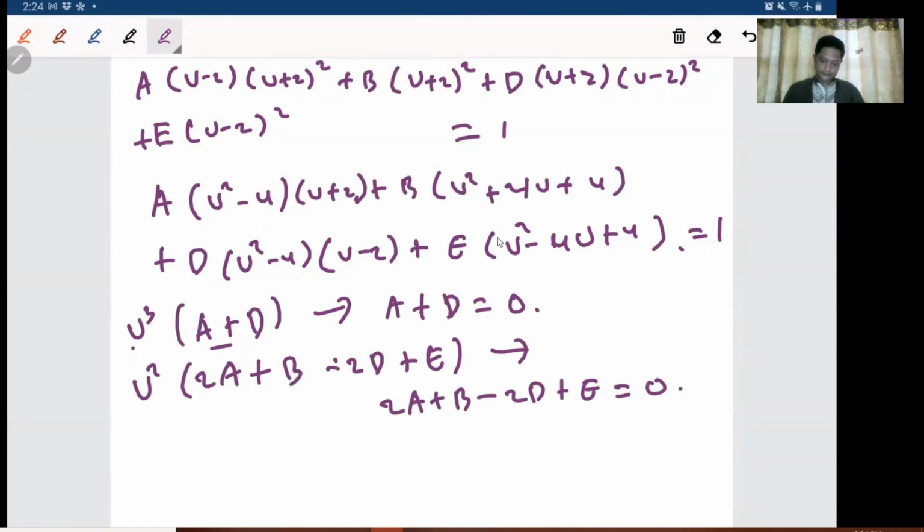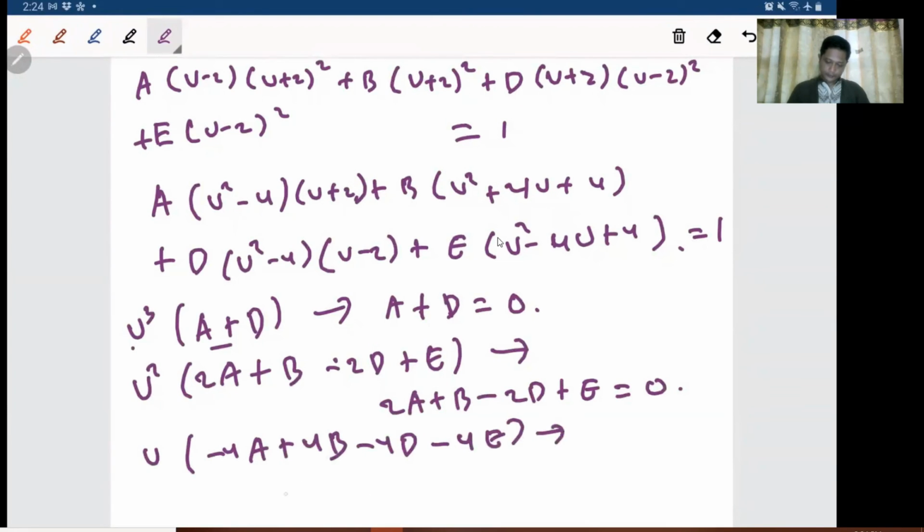And I think, okay, u square, no. For u it is minus 4a, plus 4b from here, minus 4d from here, and from here minus 4e.